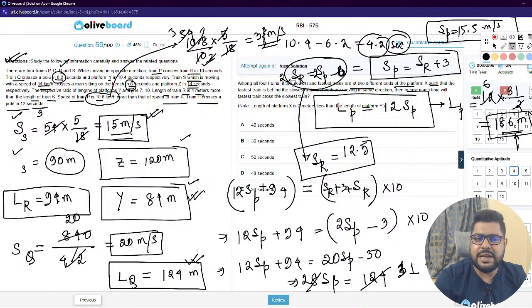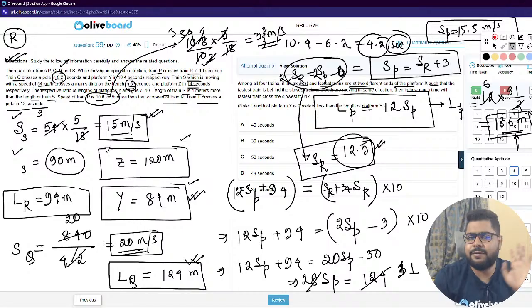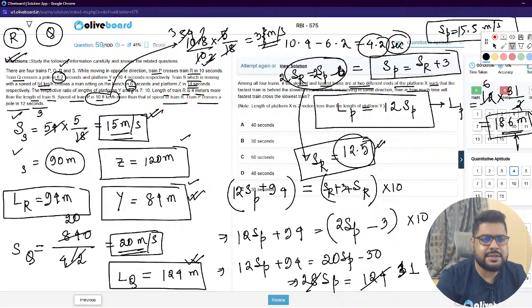Among the trains, if the slowest and the fastest trains are at two different ends of platform X, the slowest is what? Slowest will be 12.5, meaning train R is slowest, and fastest is 20 meter per second, because the speeds are 15, 15.5, 12.5, 20. So Q is the fastest.